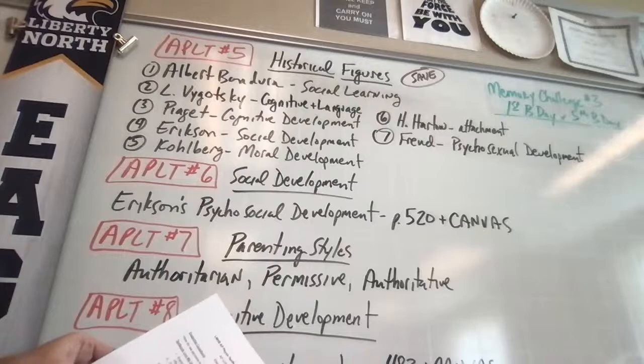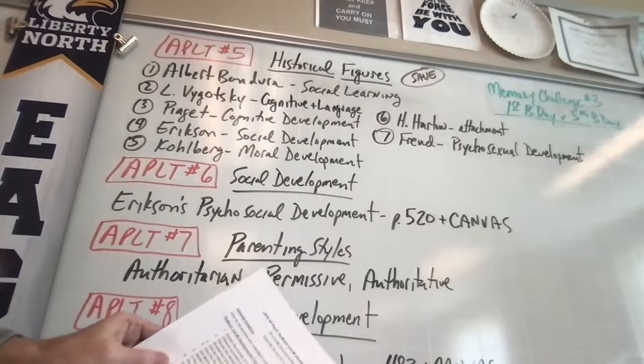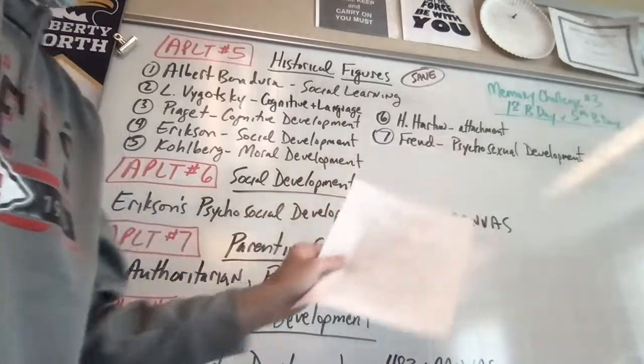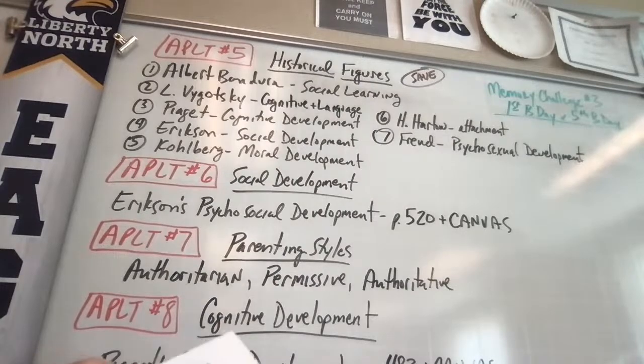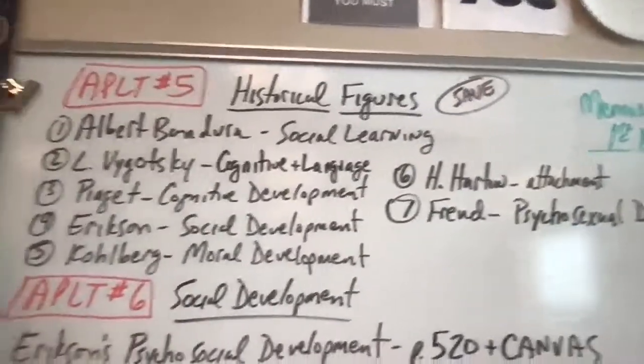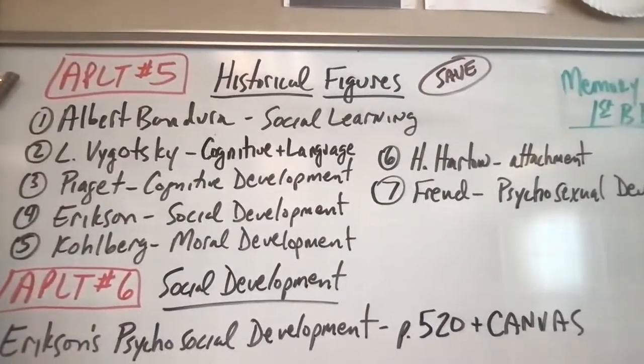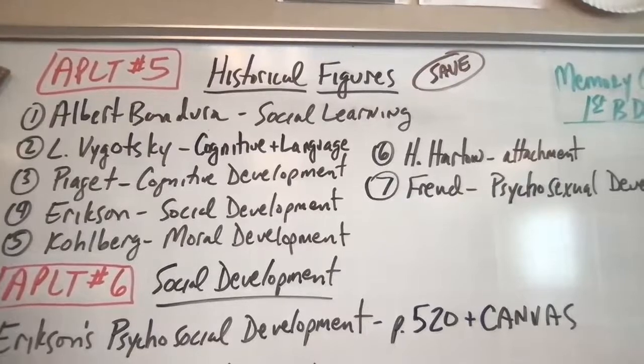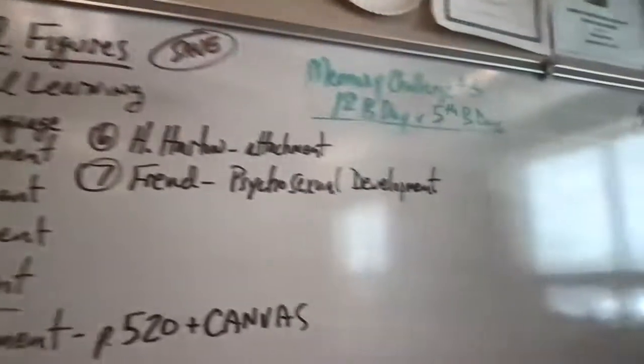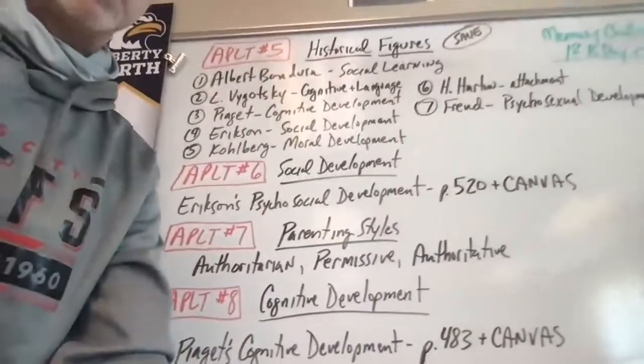He did experiments on rhesus monkeys, which there are some pictures of in your book. And then, of course, Freud, who's the father of psychoanalysis, and his psychosexual stages of development theory. So those are your big names. There are 7 of them.